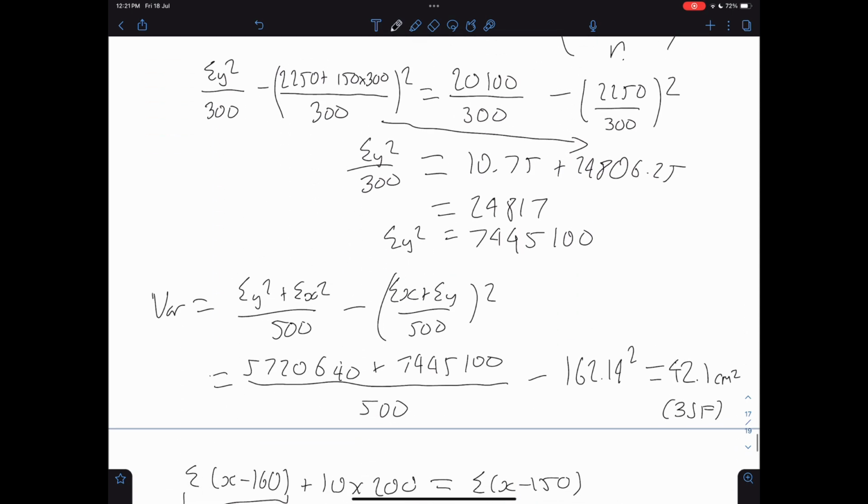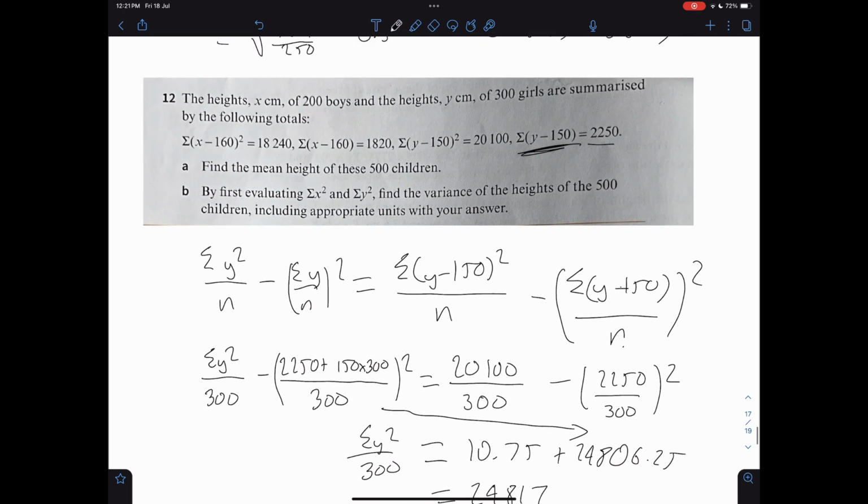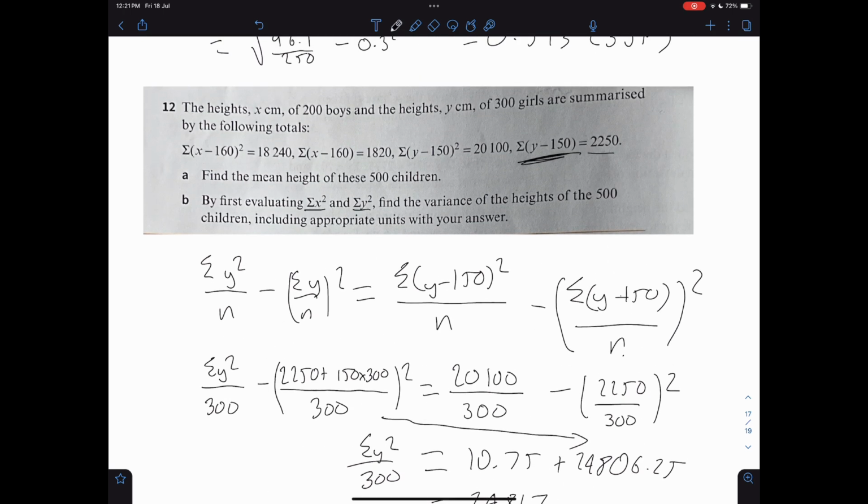And remember, like here, what we're doing with these combined sets of data, you have to remember to find those totals of x squared and y squared, or the sum of x and the sum of y first before evaluating a mean or a variance. You cannot just average the two, it doesn't work.